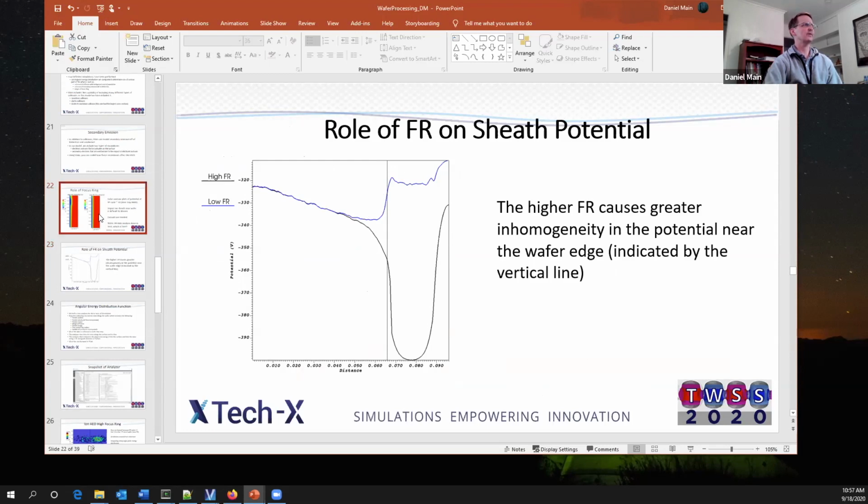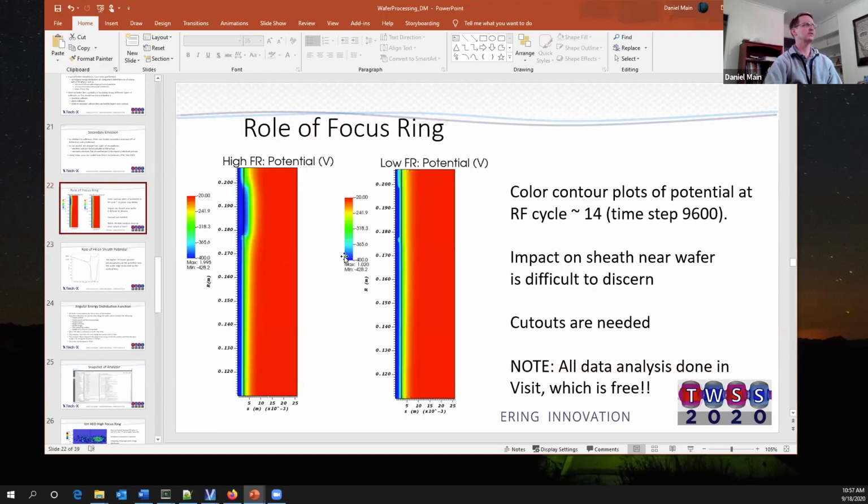This is potential. Let me go back to this plot. So the color scale is potential in volts. It extends in both cases from -400 to -20 volts. So the color scale is the same on both plots.